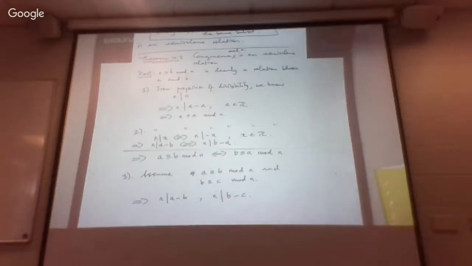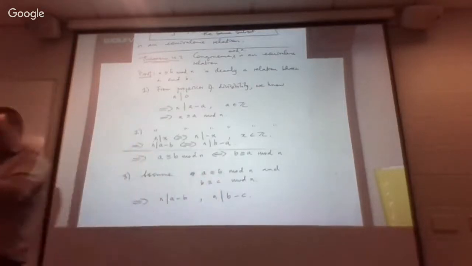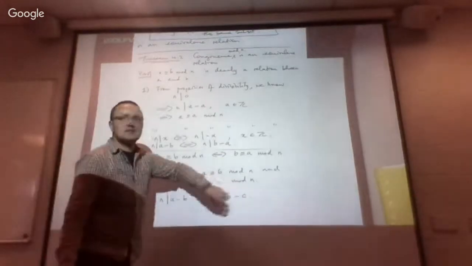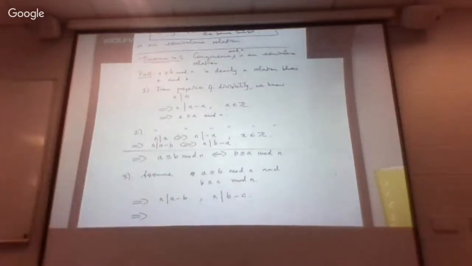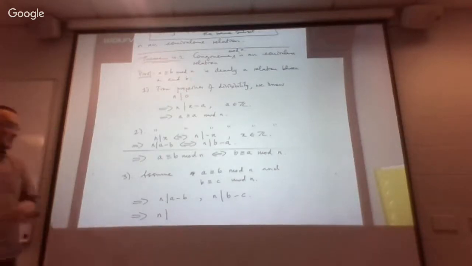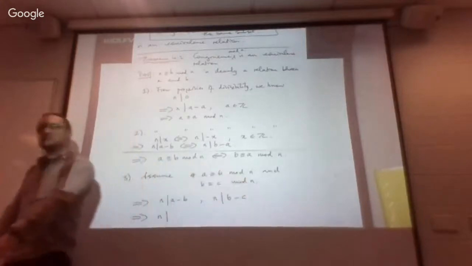That's just the definition of what we mean when we say a congruent to b and b congruent to c. And again, it's an already established property of divisibility that if it divides two things, it divides any linear combination. And which linear combination of a minus b and b minus c are we going to use?